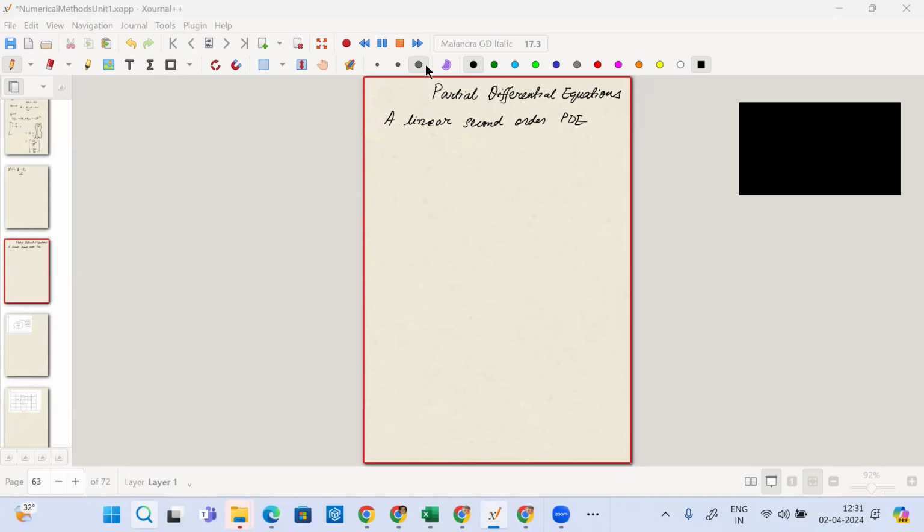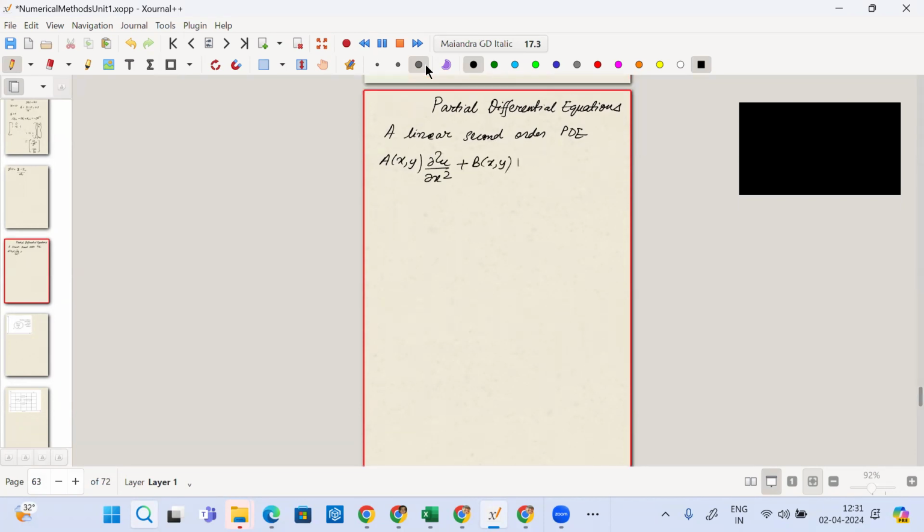So a linear second order PDE just looks like this. You can use any notation, but I have written in my notes. A second order term is there, you can appreciate.